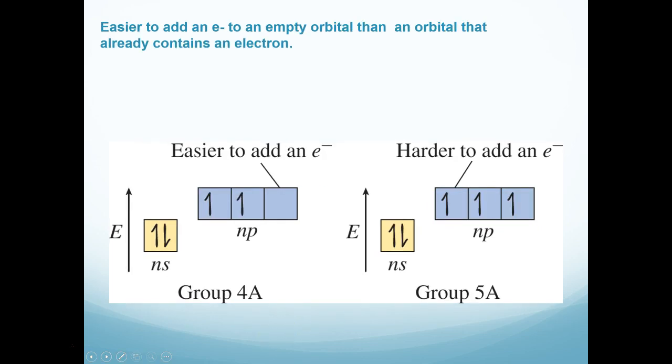It's going to be easier to add an electron to an empty orbital than one that already contains an electron. And for this, we can go back to thinking about electrons wanting to be spaced out as much as possible. So if it has the option of being in an empty orbital versus pairing up, it's going to be a lot easier, or a lot more favorable, for it to add to that empty orbital.